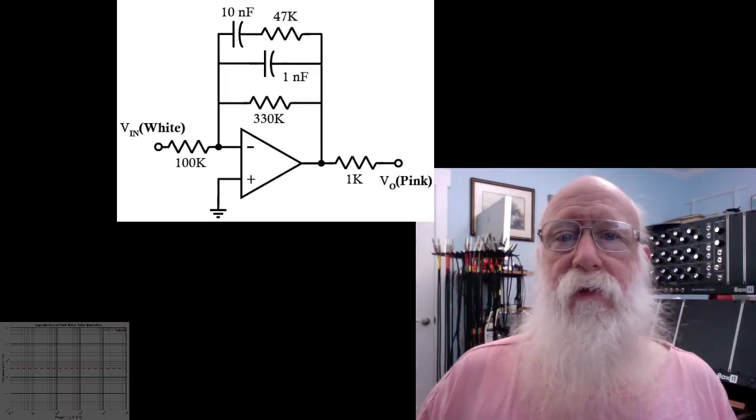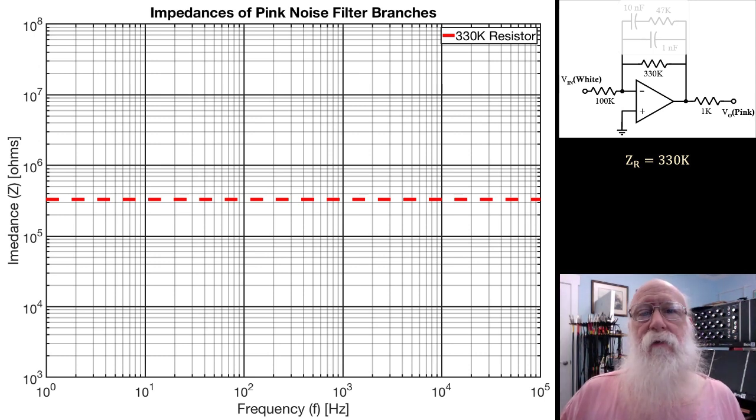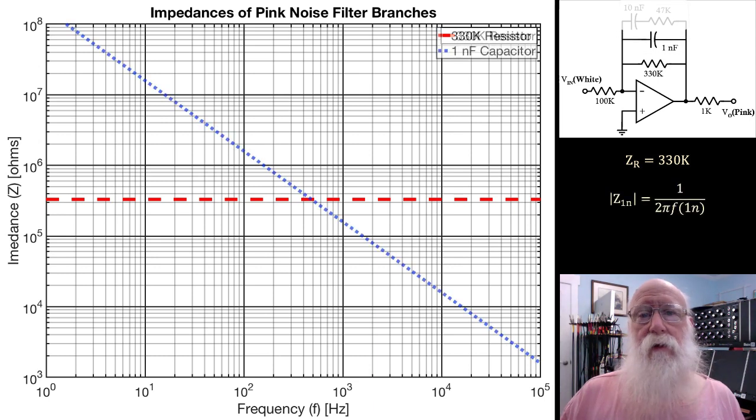First, the impedance of the resistor is just constant, so it's going to give us a horizontal line on our graph of impedance versus frequency. Next, the impedance of the 1 nanofarad capacitor is going to constantly decrease as frequency increases. And since this is a 1 over f relationship, if we plot this on a full logarithmic graph, it will give us a straight line with a negative slope.